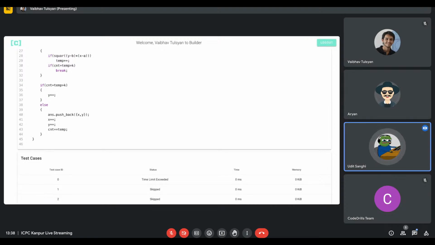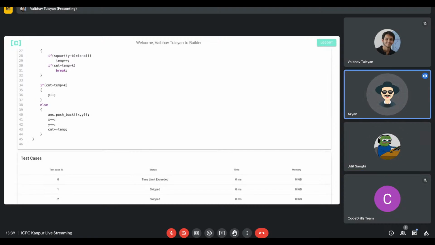Then H, maybe, but probably D, I guess. And I don't think any team would solve B, so there's a chance no one solves H and I as well, but D is the easier one. I would say I is also not that easy.